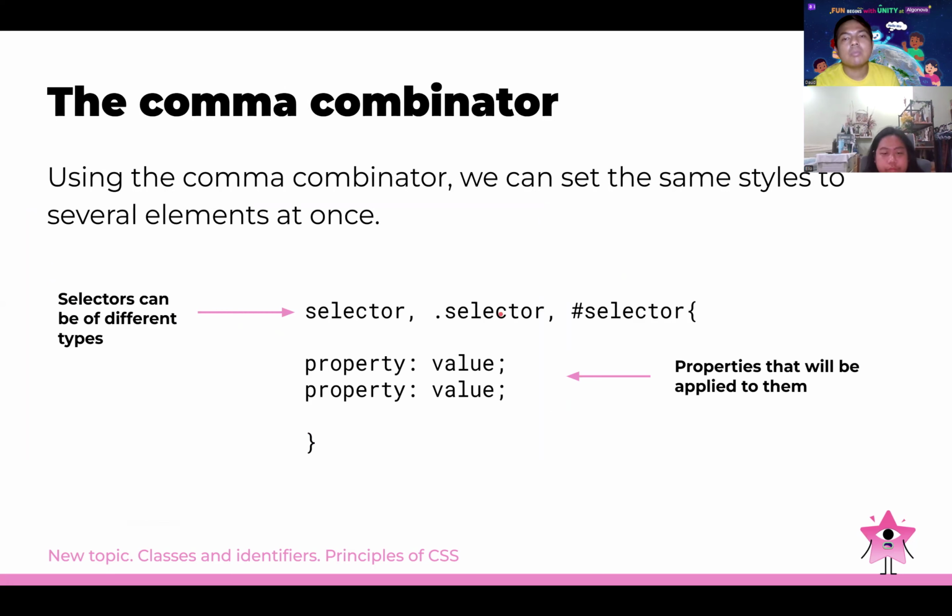Now, sometimes you want to have a similar design for several tags, several classes, or several IDs. So just put a comma, call the selector, the class name, the ID name, and all of it will have a similar design.